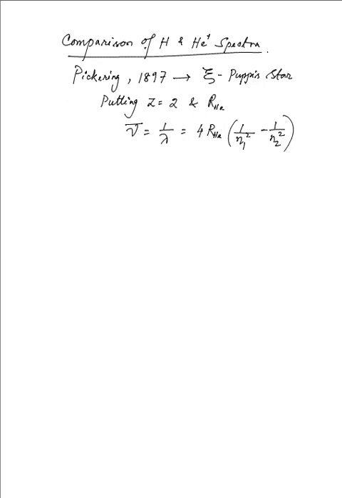And this was obtained for n1 being equal to 4 in the first case, and we have n2 equal to 5, 6, and 7, the higher states, and this is known as the Pickering series.